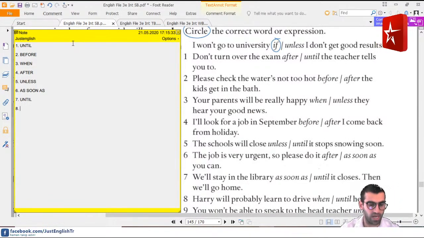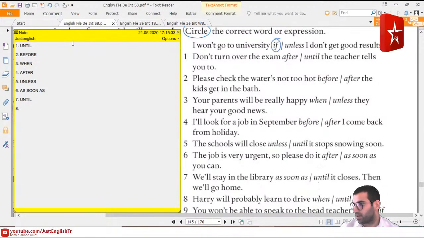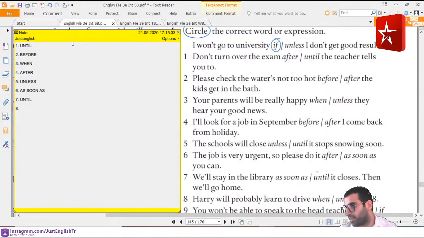What about number 8? Harry will probably learn to drive when or until he is 18. Okay, for number 8, until or when.